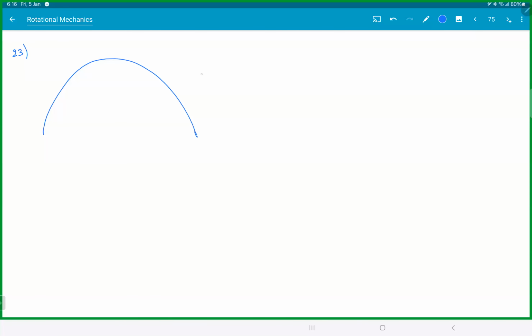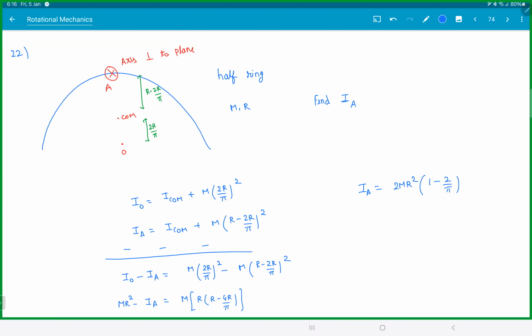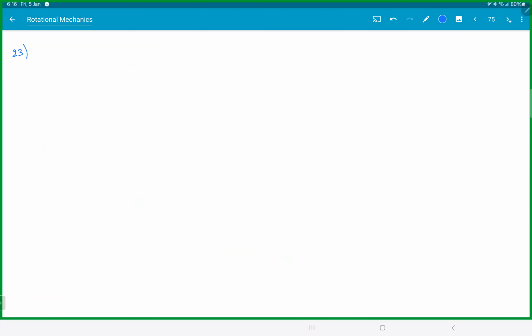This is a, what is this? Forgot it. Half ring now.